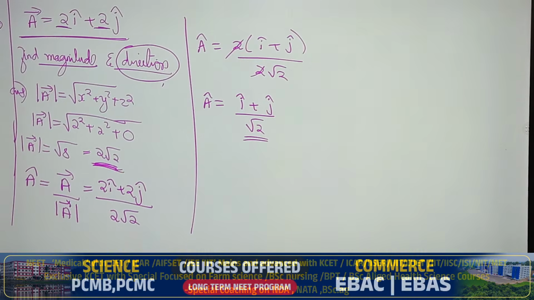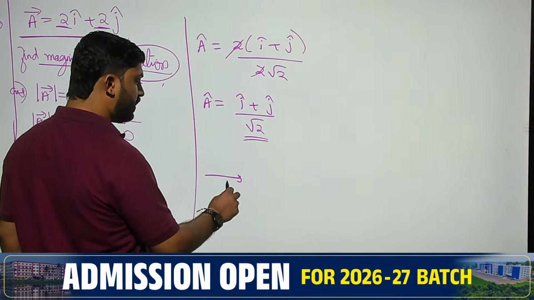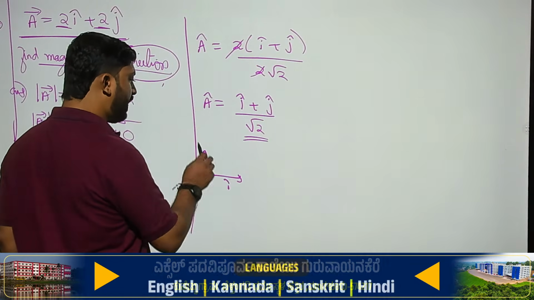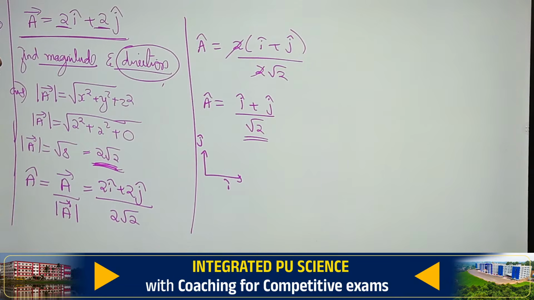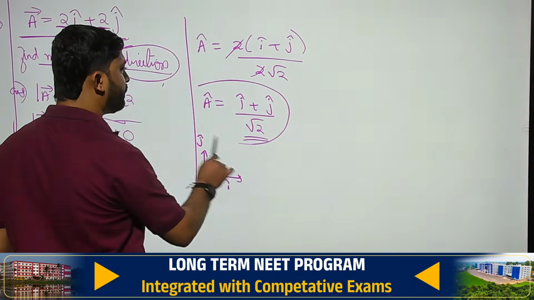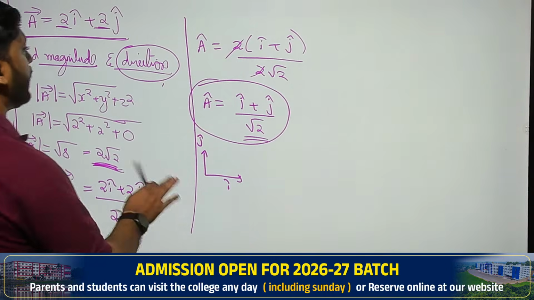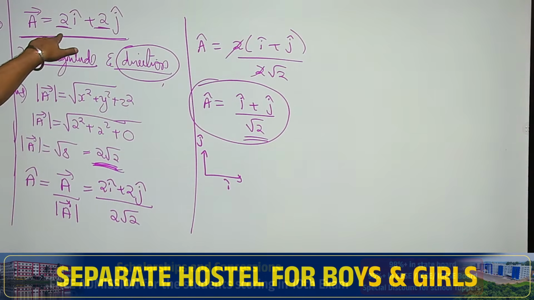Now you know i cap is in the x axis and j cap is in the y direction. But what is the direction of this i plus j cap divided by root 2? It represents some direction. Now let us represent this geometrically.